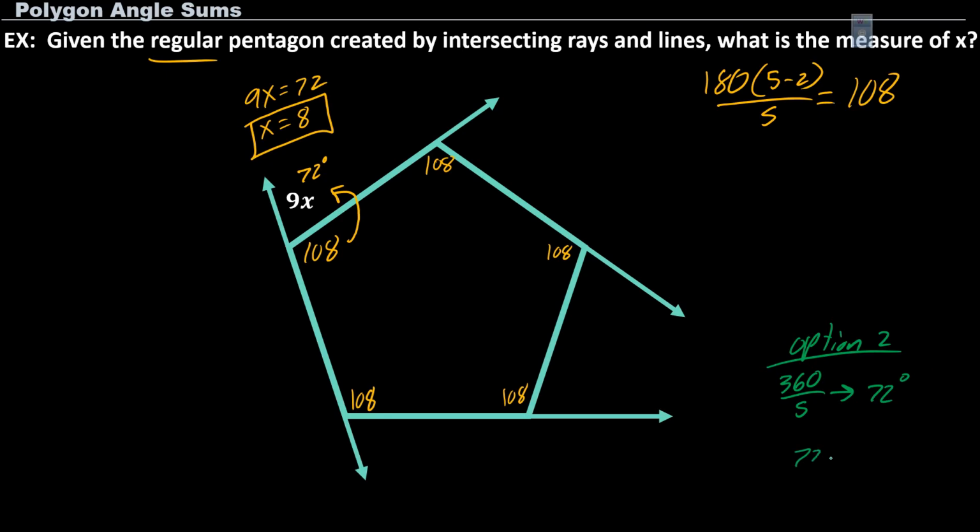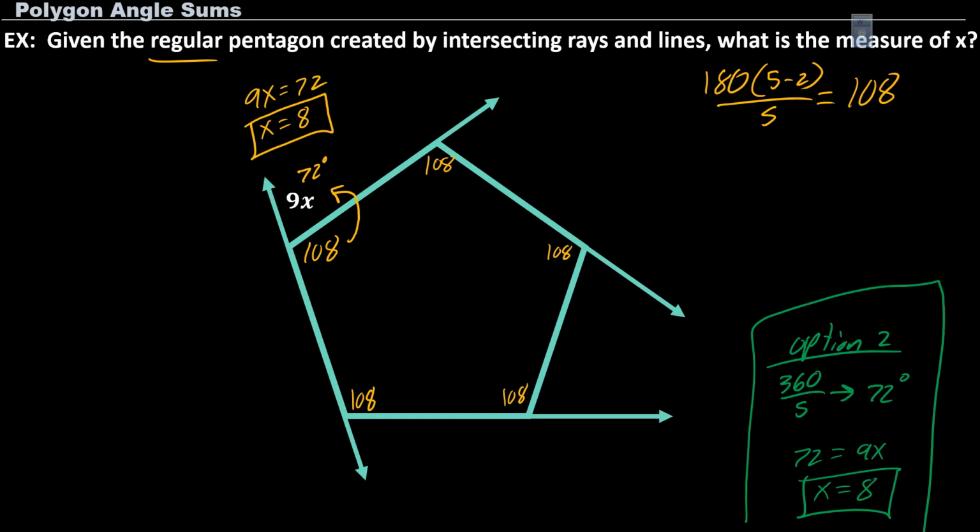So then from there, 72 must equal 9x. Divide out the 9, we get 8 again. So we could focus inside and build outwards, or we could just go straight to the outside and set 9x equal to whatever number we get.